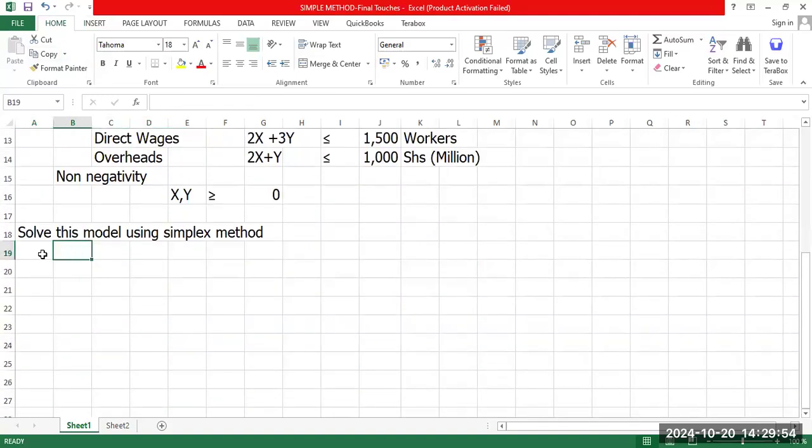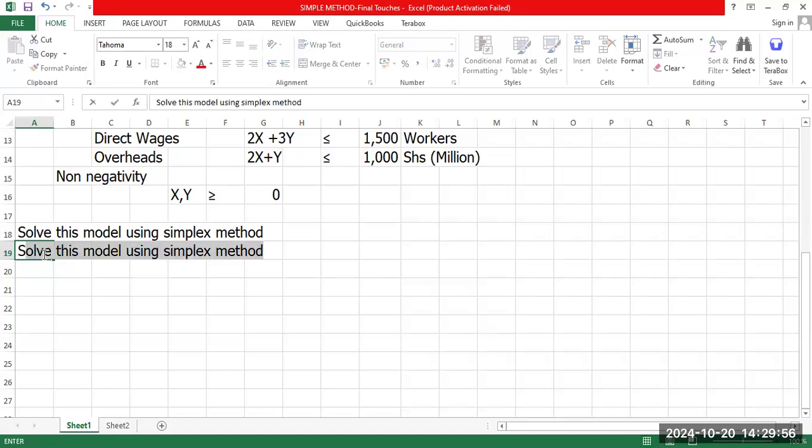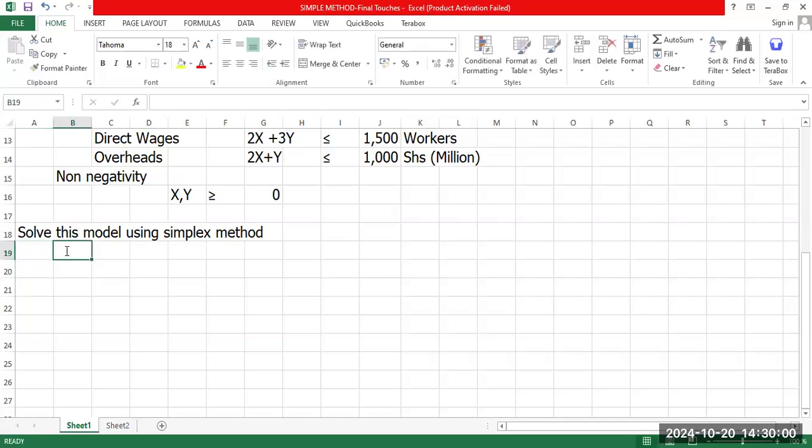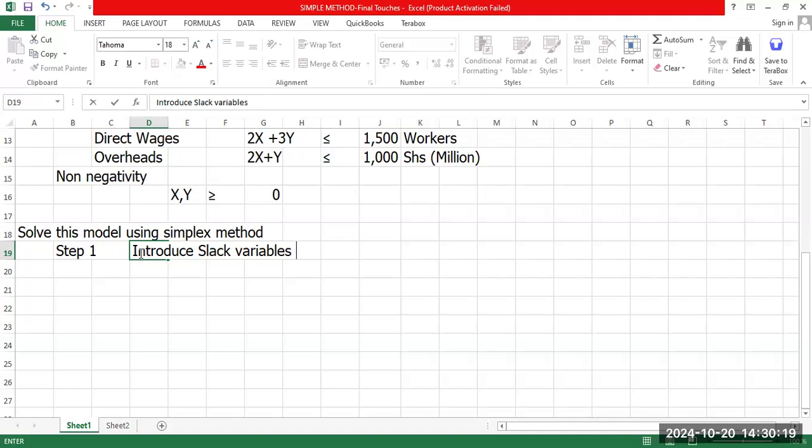Step number one, you must first introduce slack variables. Why are you introducing slack variables?